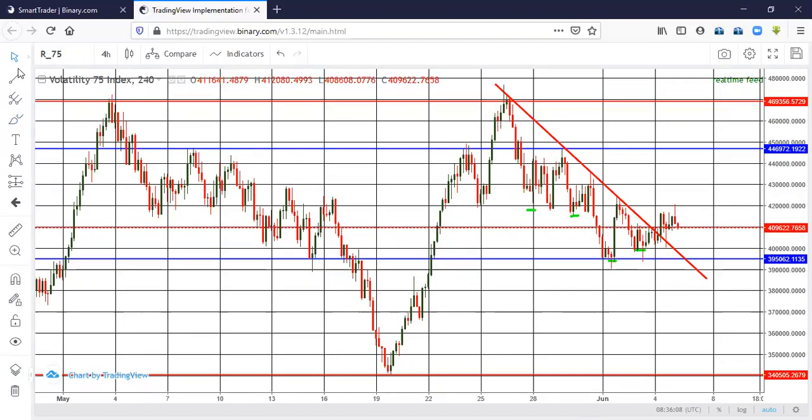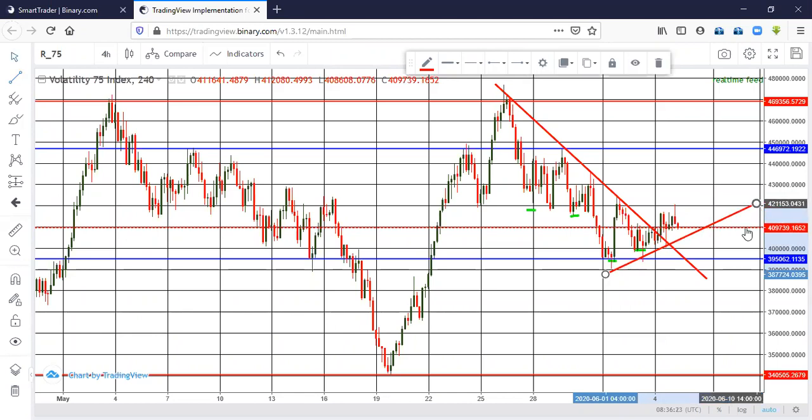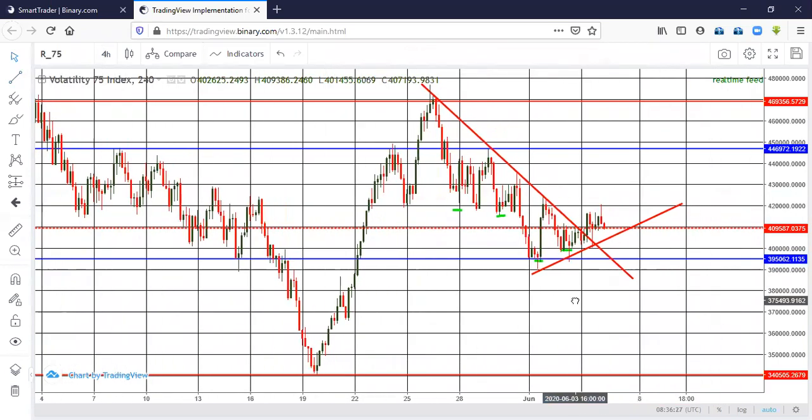So what will happen is that once it touches here, we'll have our trend line drawn, because we can have a trend line drawn like this. We basically have a trend line drawn like that.